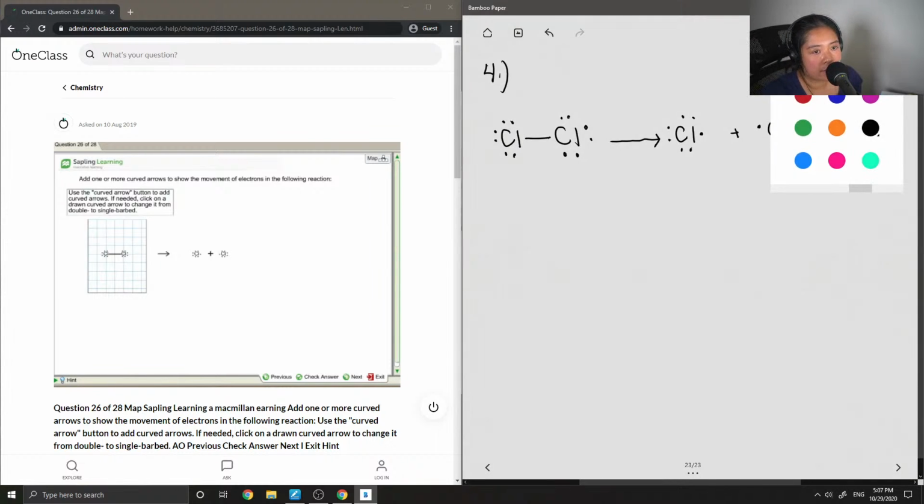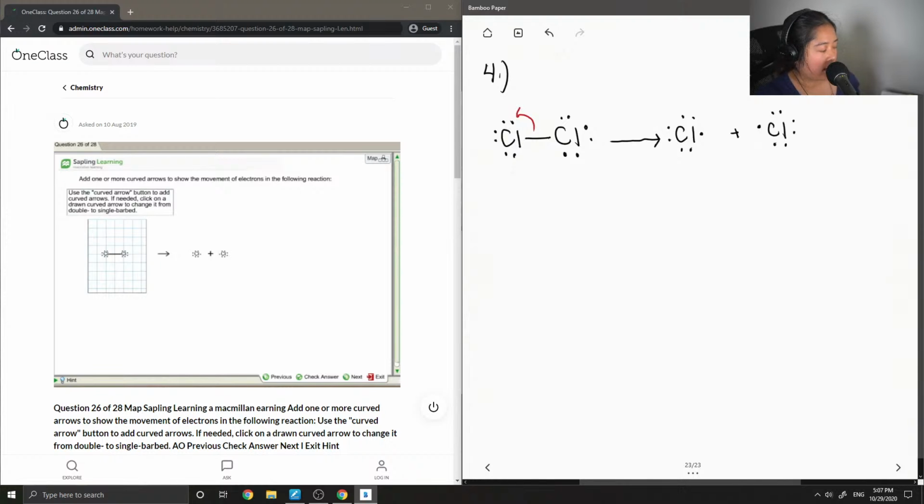Basically, to show this mechanism and to show the breaking of the bond, I'm going to draw these half arrows. Sorry, that looks bad. A half arrow going on that chlorine and a half arrow going on that side.